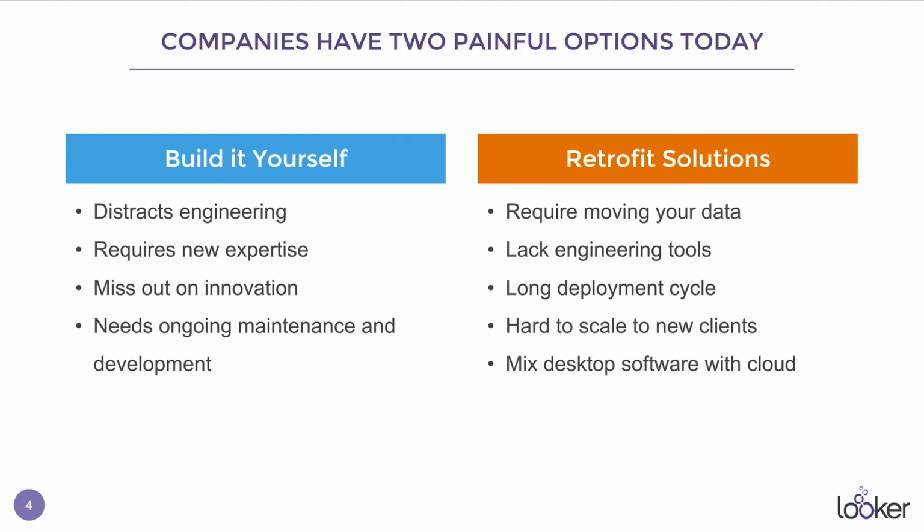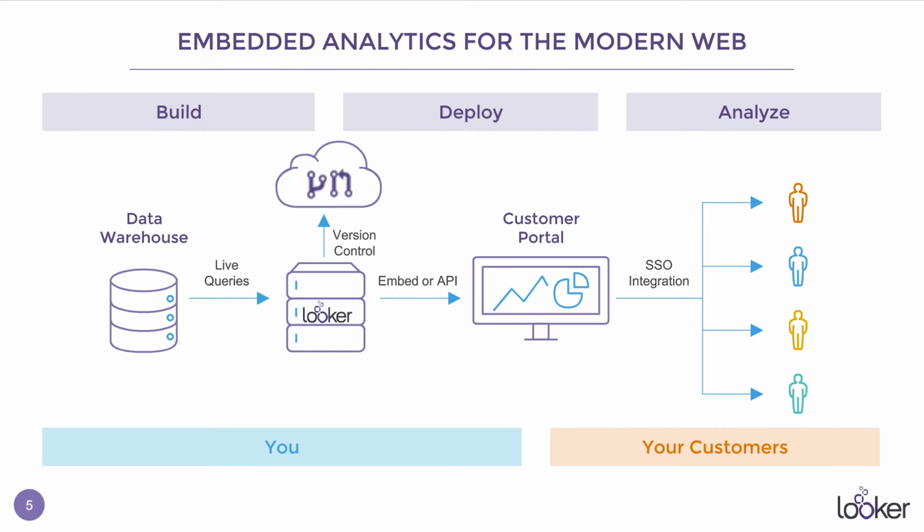So here's the solution that Looker is offering: embedded analytics for the modern web. You build, deploy, and analyze. So you build: you have your data warehouse and Looker, which is your analytics or data platform. There's version control built in. Any Git repository or any Git tool that you use for version control is available.